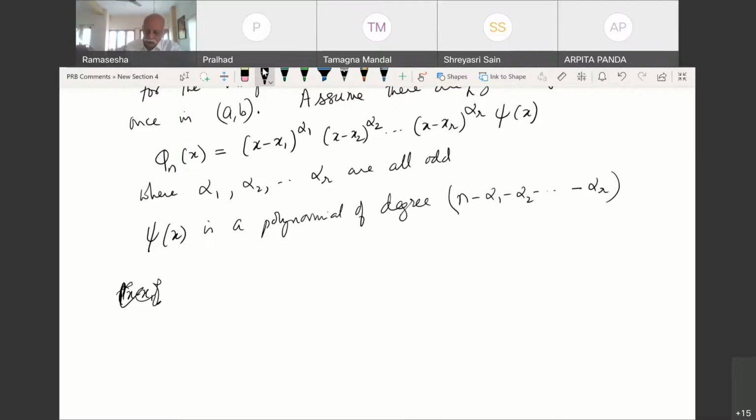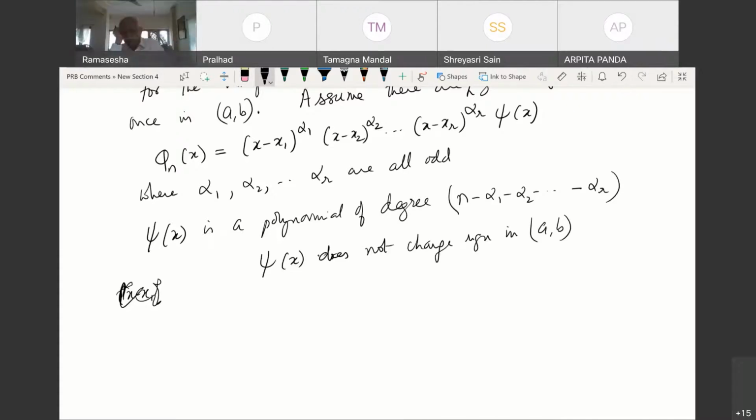So psi of x does not change sign in a comma b. Because if it were changing sign in a comma b, then there would have been one more zero with odd multiplicity, right? Right or wrong? Yes, sir.